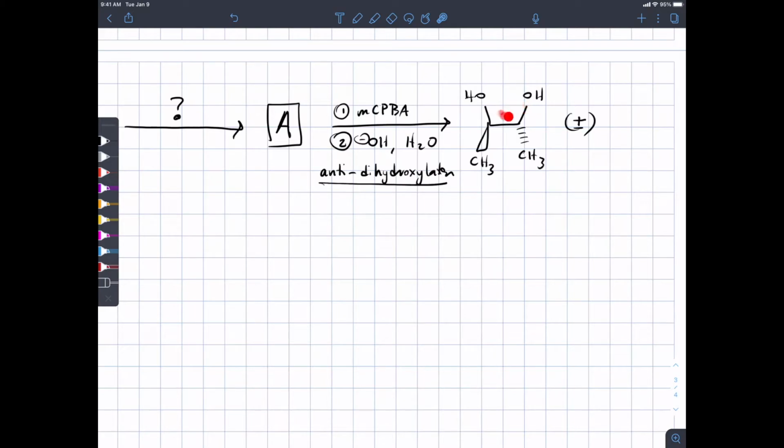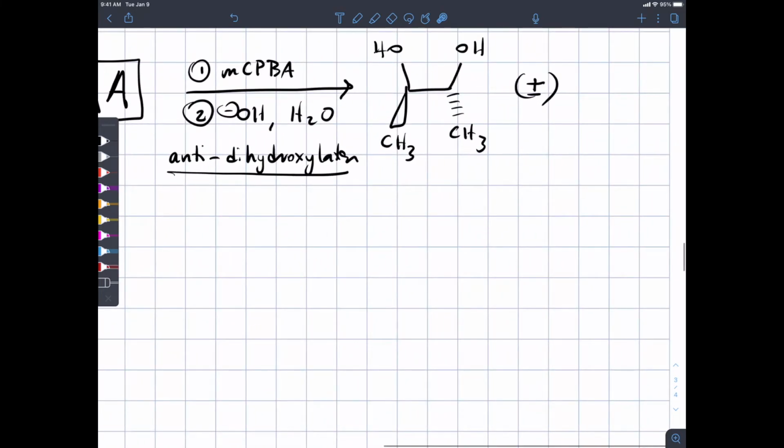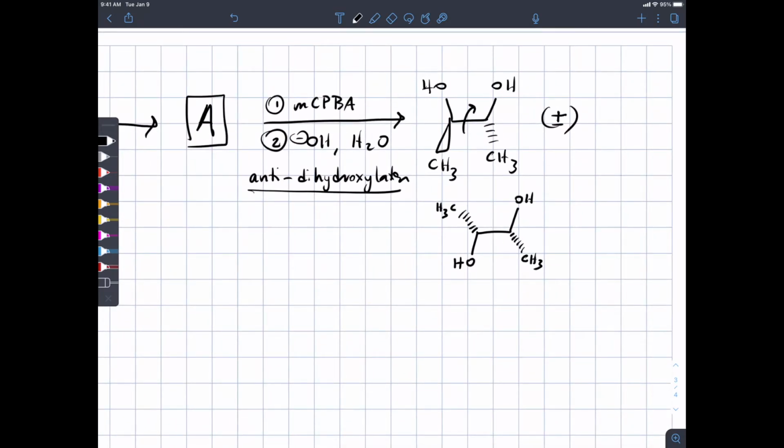And so if I don't take care of this, I'm going to make a mistake and get the wrong stereochemistry for the starting material. So what I have to do, knowing that this is anti-dihydroxylation, I have to rotate around the carbon-carbon bond. And this is where a model would be useful if doing this on paper is difficult. Okay?